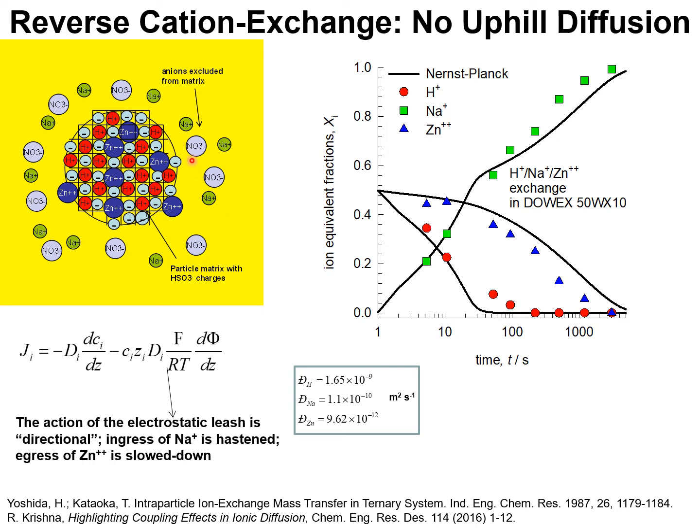In a different set of experiments reported by Yoshida and Kataoka, the cation exchange particle is initially loaded with H plus and the zinc 2 plus cations, and the surrounding bulk liquid mixture is a solution of sodium nitrate.